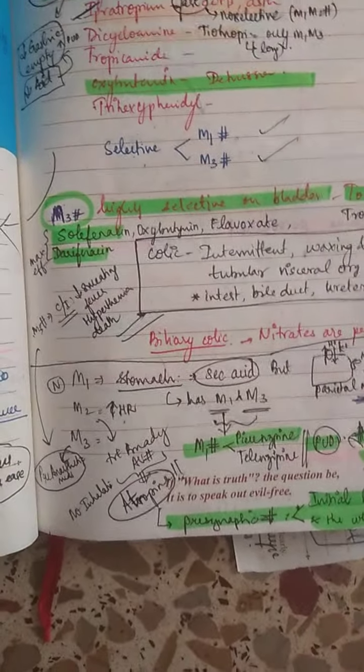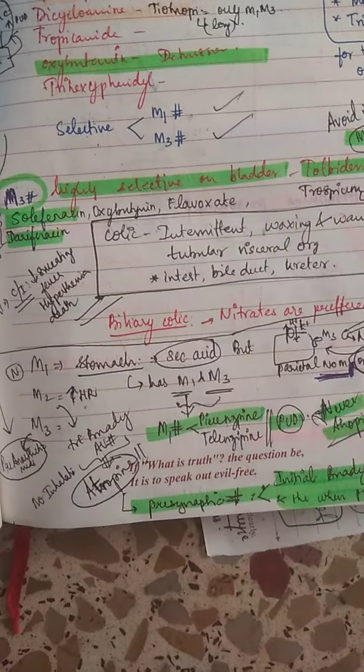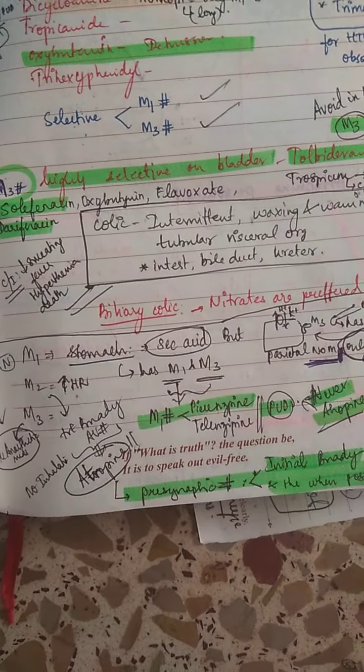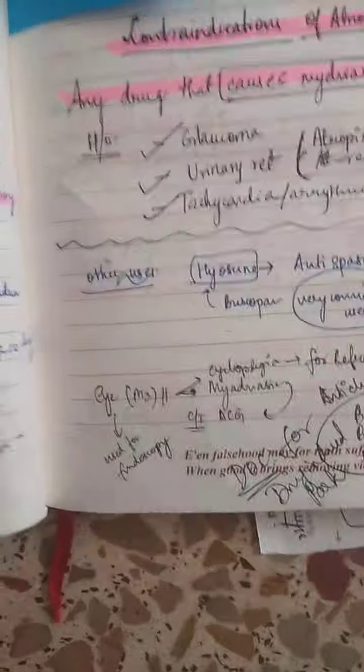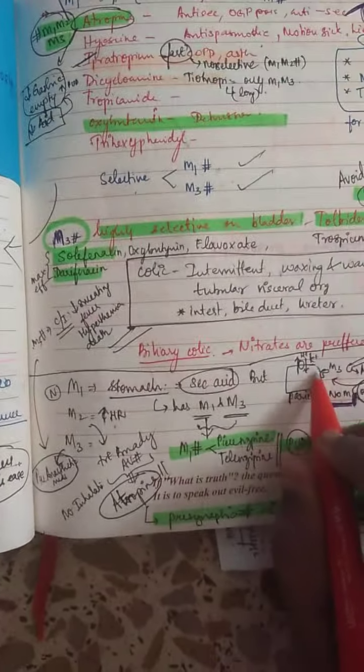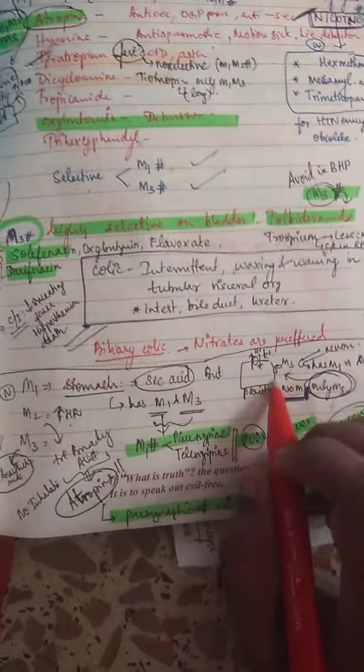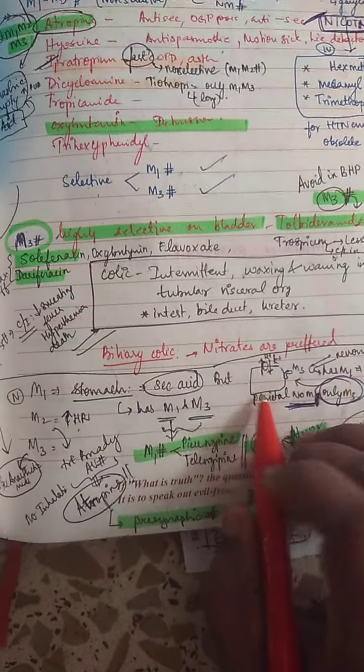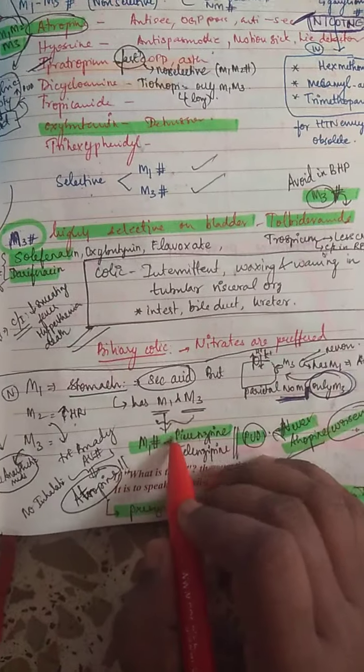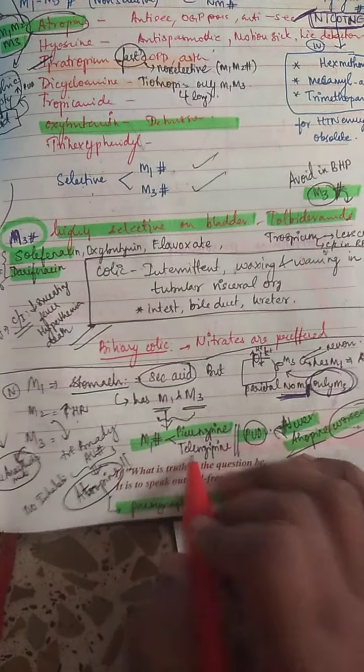Then selective M1 blockers. One more thing, we don't give atropine to patients with peptic ulcer disease. Why is pirenzepine used in peptic ulcer disease? Because M3 receptors are not present in the stomach. Only M1 receptors are present in the stomach, so selective M1 blockers, pirenzepine and telenzepine, are used.